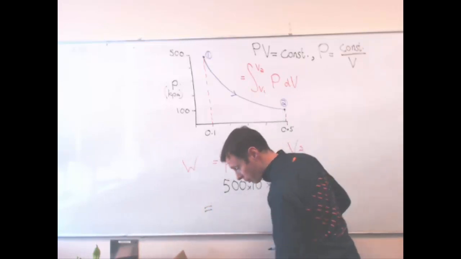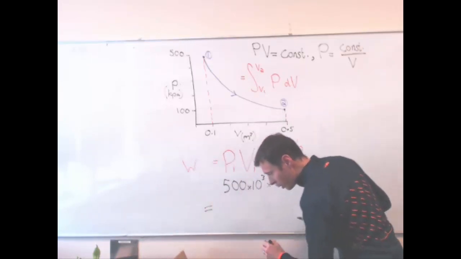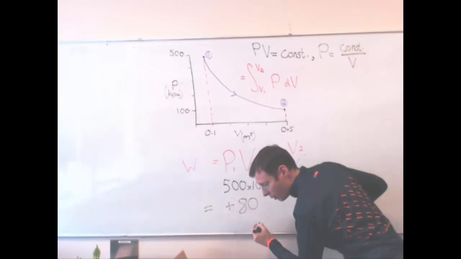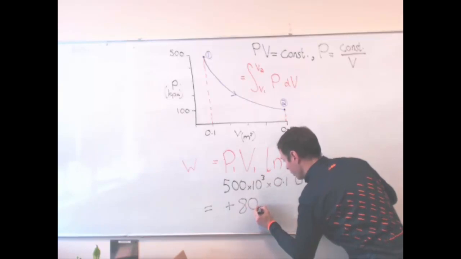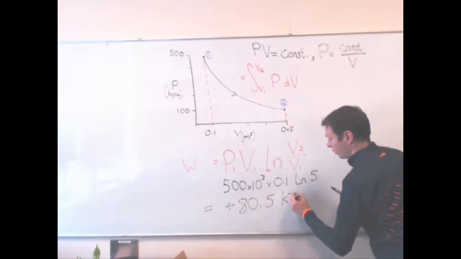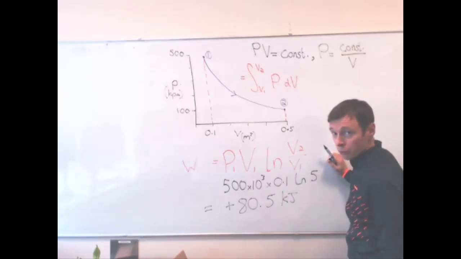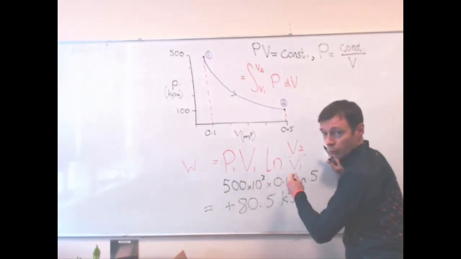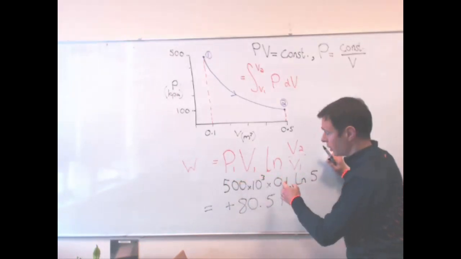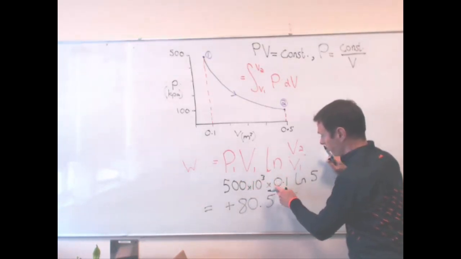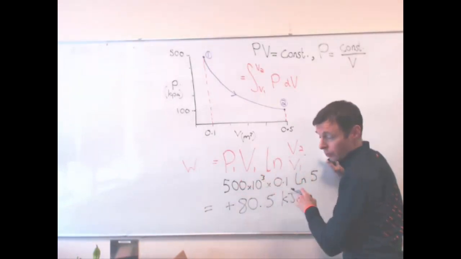That gives you the answer in the book, which is 80.5 kilojoules of positive work. We just get rid of that 10 to the 3, then we're all happy that we've calculated the answer in terms of kilojoules. All I did was make this into joules and meters cubed, just to keep it all in SI units.